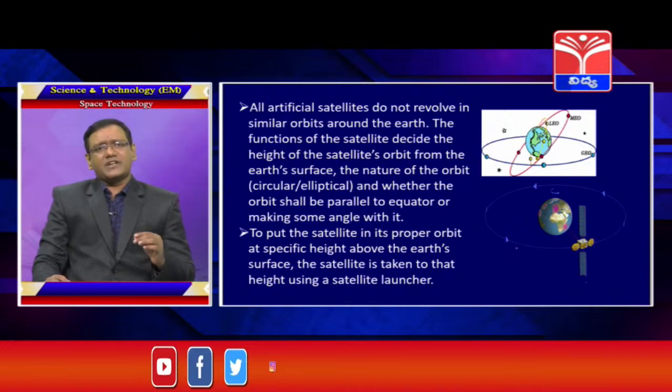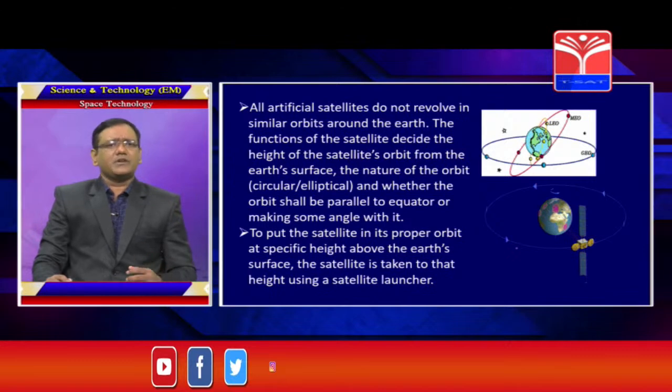The function of the satellite decides the height of the satellite's orbit from the Earth's surface, the nature of the orbit, whether it is circular or elliptical, and whether the orbit shall be parallel to the equator or making some angle with it. All these things are decided by the function the satellite is intended to perform.